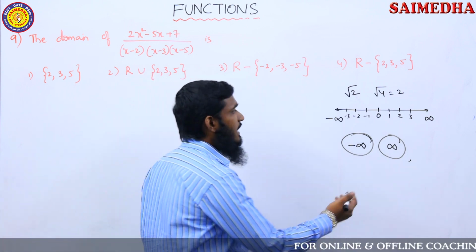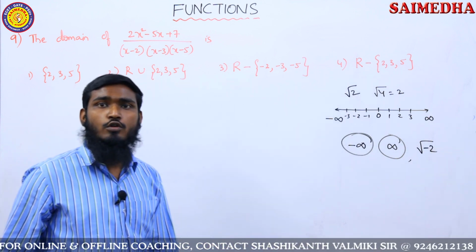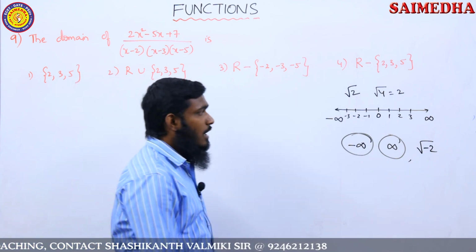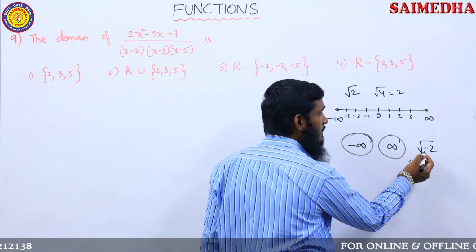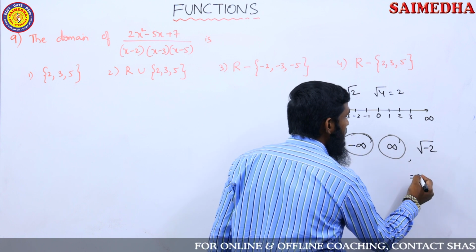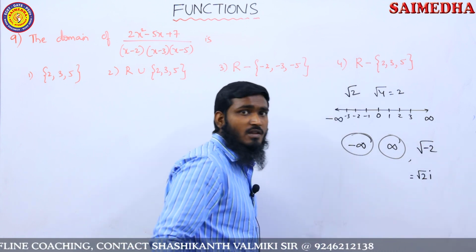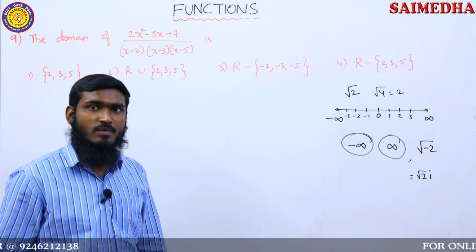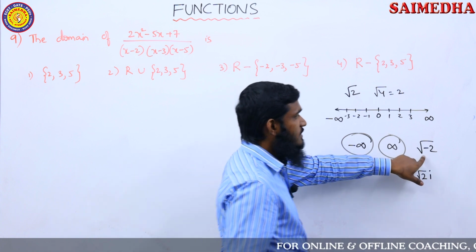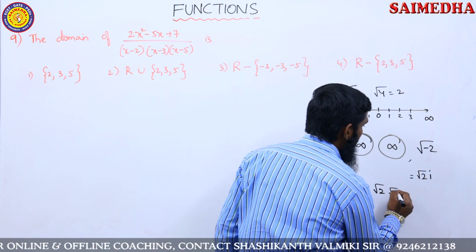But if we take root of minus 2, how do we write this part? Whenever we have a minus sign under the root, we write it as root 2 into i, because we can write this as root 2 into root minus 1.